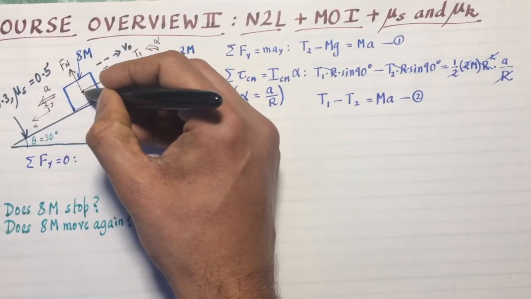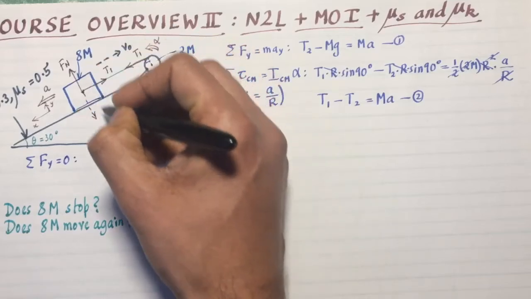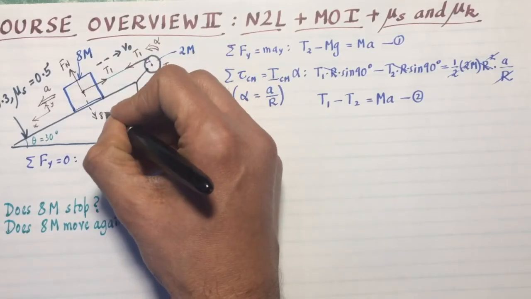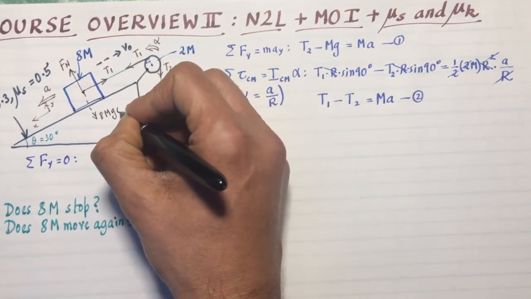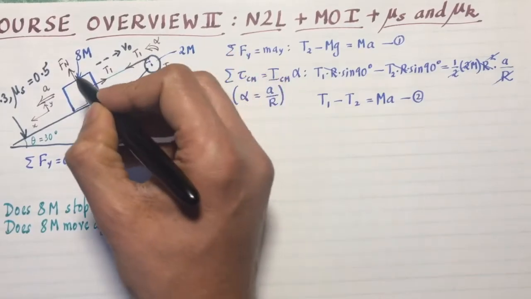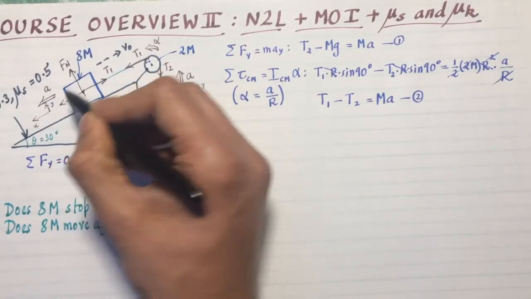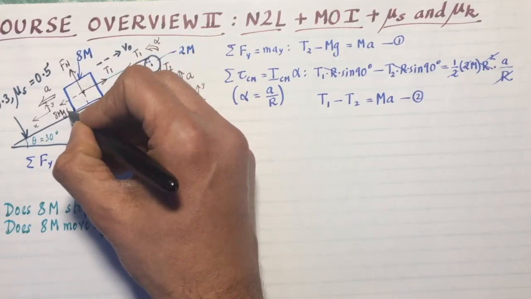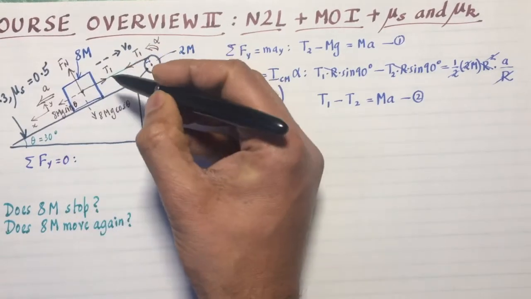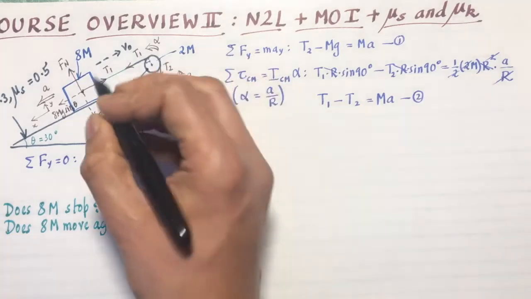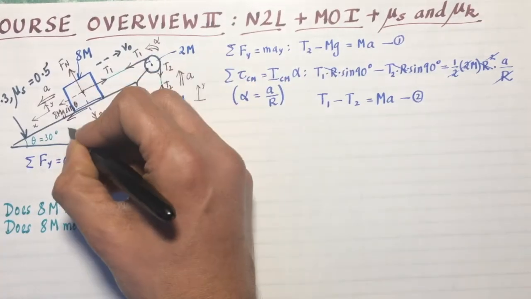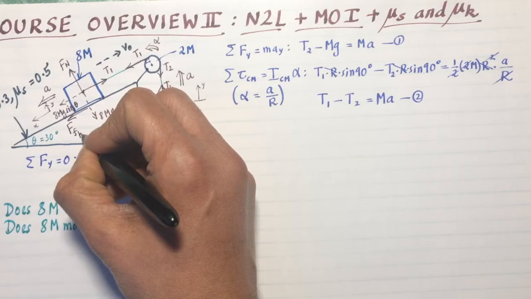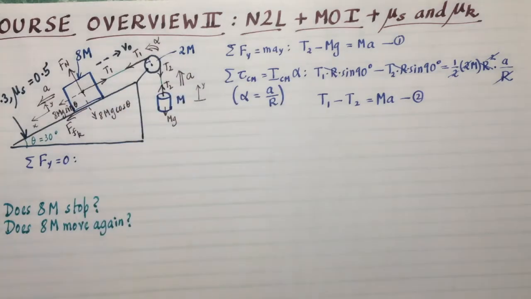Gravity would act straight down, but the component of gravity in the direction of the normal force is 8mg cosine theta, and the component that's in this direction is 8mg sine theta. Now because it's initially moving up, the force of kinetic friction must act down, so that's the force of kinetic friction, F_k.